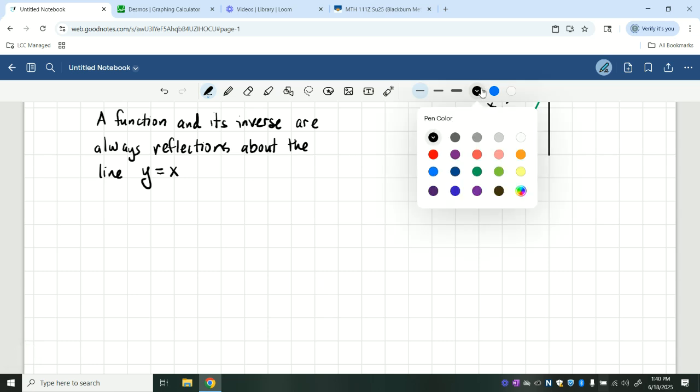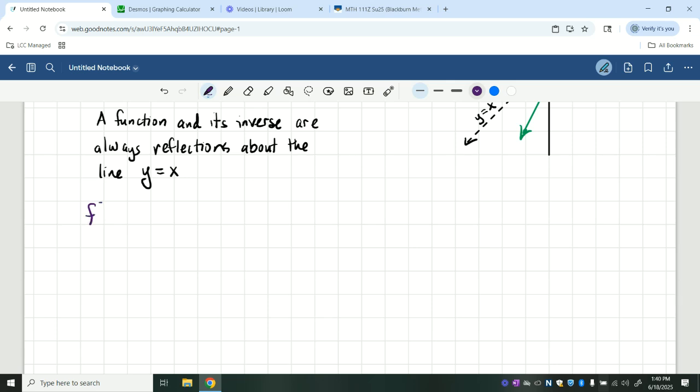Okay, so how do we notate an inverse function? Here's how we notate it. f with a little -1 up here of x means the inverse of f of x. So we say it f inverse of x.